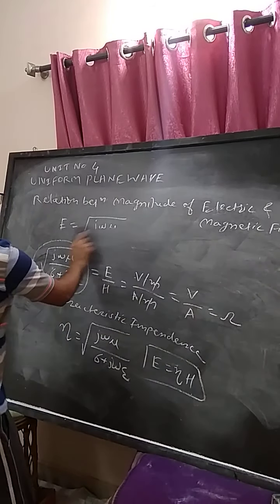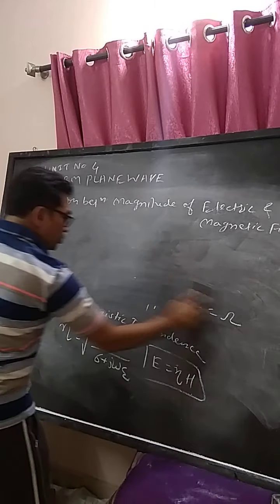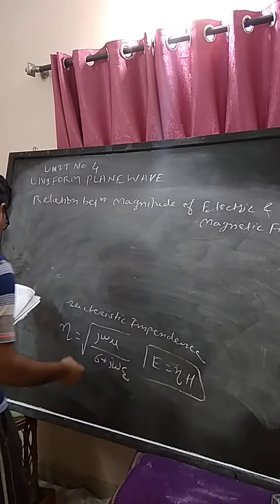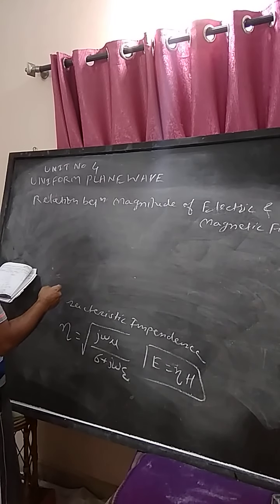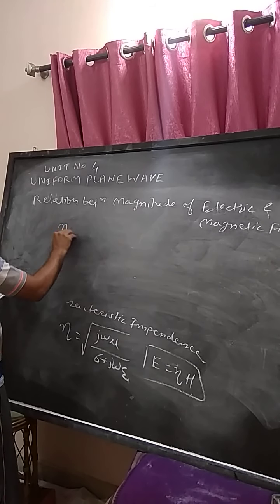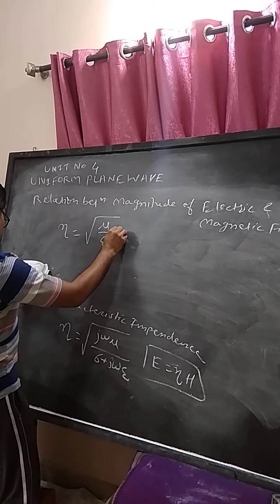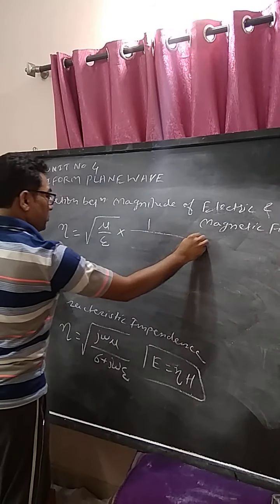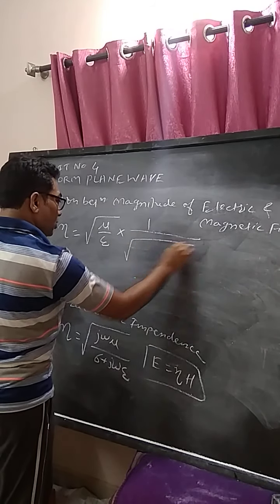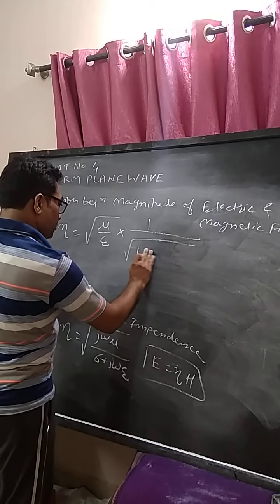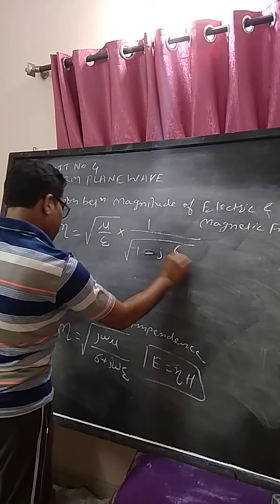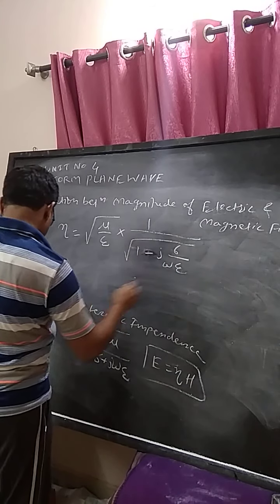This is the relation of intrinsic impedance with electric and magnetic field. But formally, we will have to use somewhere the relation of intrinsic impedance, that is eta equal to under root of mu divided by epsilon, multiplied by 1 upon under root of 1 minus j sigma divided by omega epsilon.